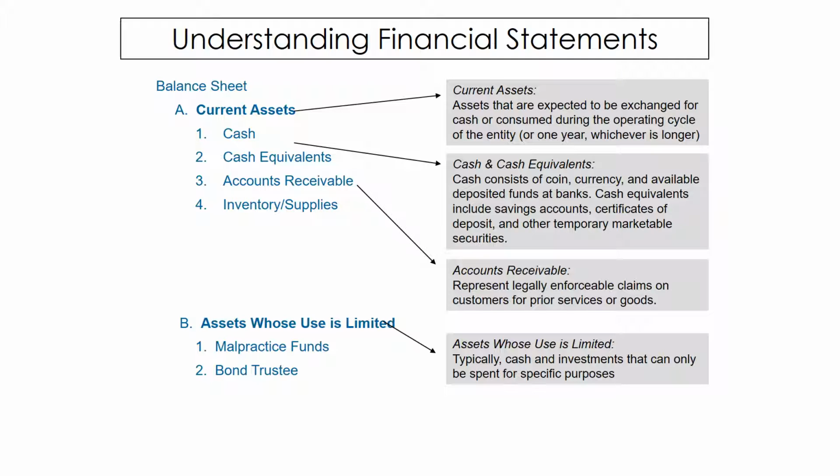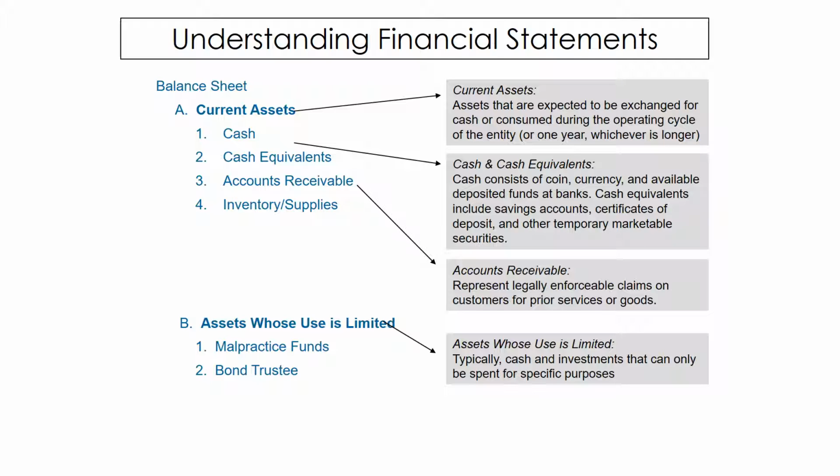One example would be, in this slide, I have malpractice funds or a bond trustee, but it could be a form of insurance that a business has, where that insurance policy, while yes, it adds value and it's something you've invested in, can only be used legally for certain things. So they call it assets whose use is limited.